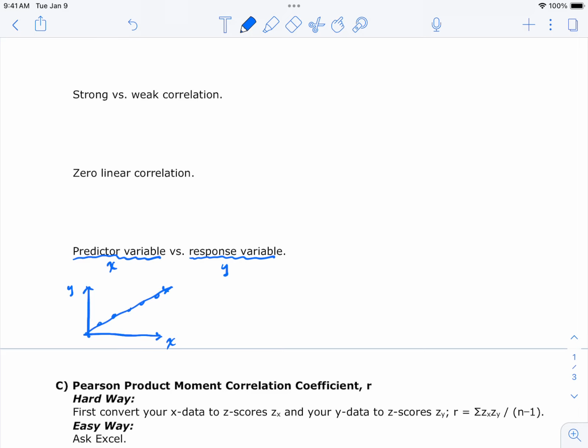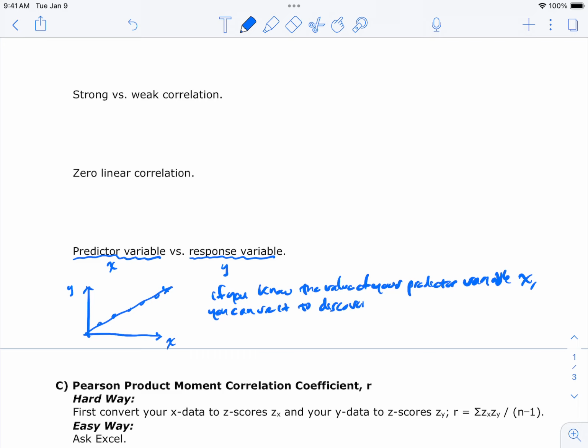If they line up beautifully, that means if you know the value of your predictor variable x, you can use it to discover the value of the response variable, y.